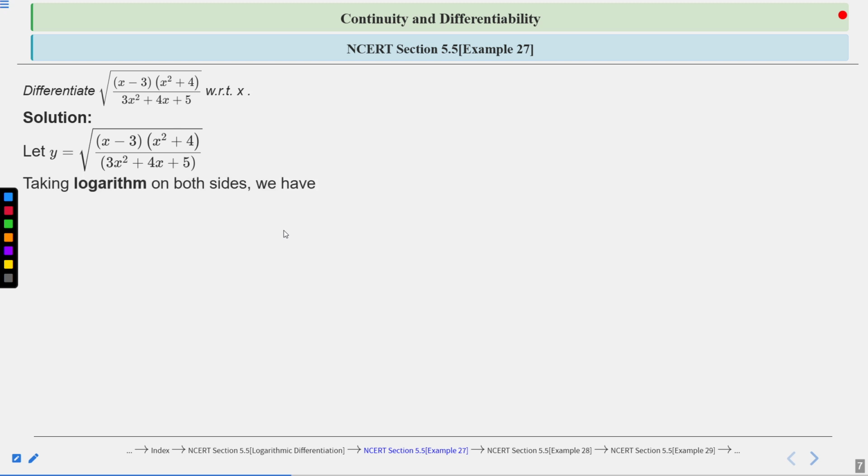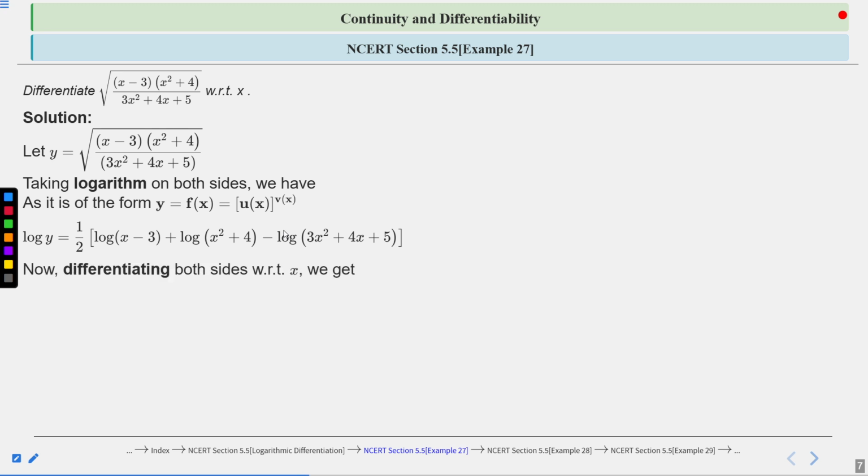Taking logarithm on both sides, as it is of the form y = u(x) to the power of v(x), we get log y = 1/2 log(x minus 3) plus log(x square plus 4) minus log(3x square plus 4x plus 5), right?